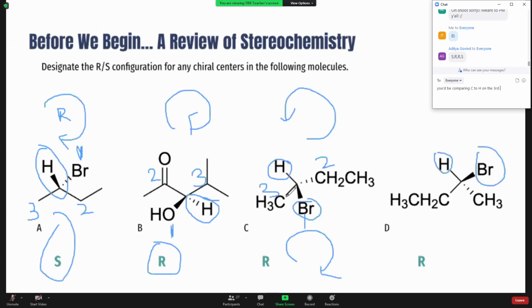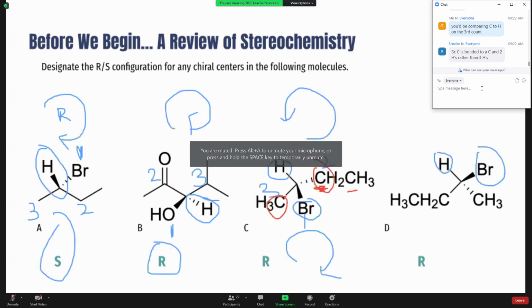So this carbon here and this carbon here are technically tied. And then, oh wait, that's another way of looking at it. Yeah, so that carbon here is bonded to 2 hydrogens and a carbon. This carbon here is bonded to 3 hydrogens. So this is higher priority. Does that make sense?